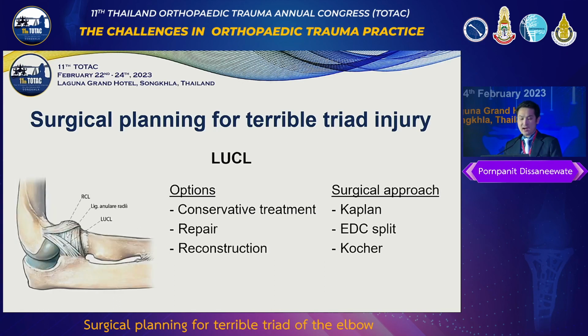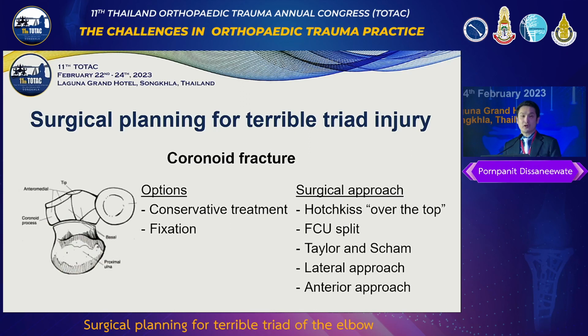And for the LUCL, you can also treat it conservatively, repair it, or reconstruct it if it's a late case, with the same surgical approach as the radial head. And for the coronoid fracture, you can do conservative treatment or fixation, it depends.